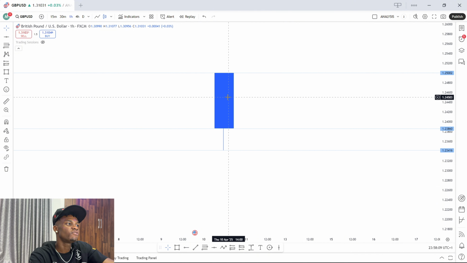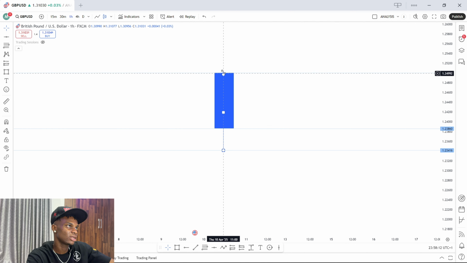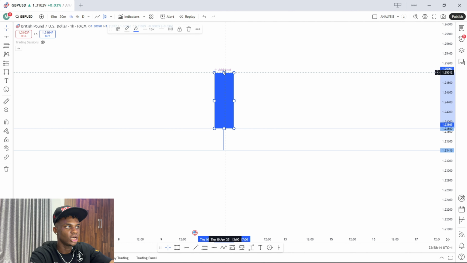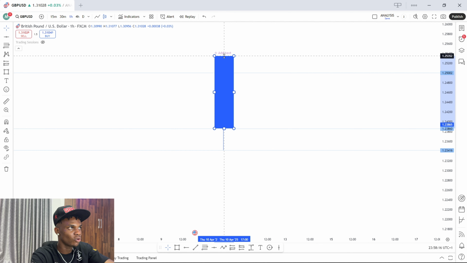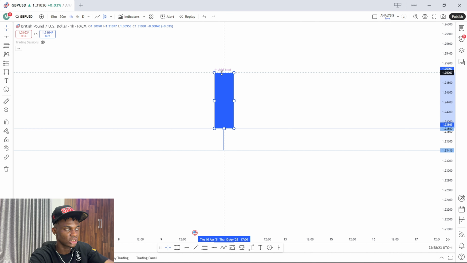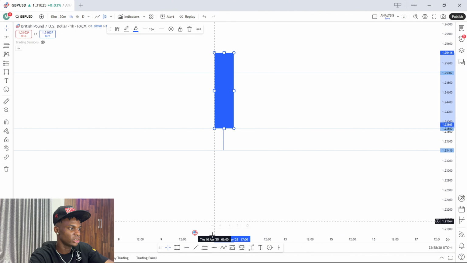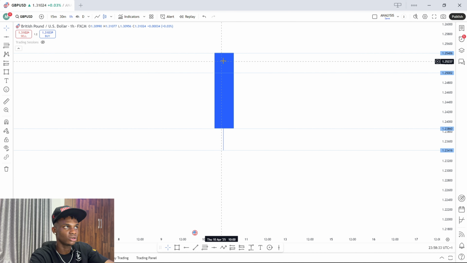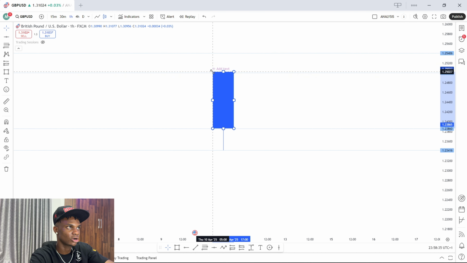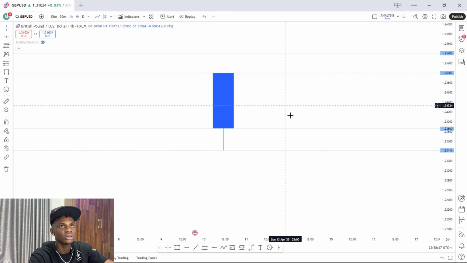Now, on frequent occasions, the market doesn't close this perfectly. It can also come above 1.25002, then come back below and close on it. Let's say, for example, it came above to 1.25400, then from there rejected back and closed here.